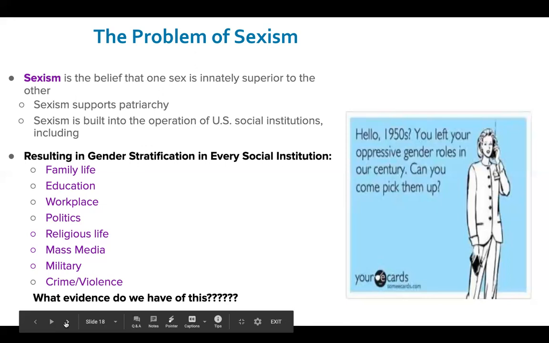And it's probably that kind of persistent ideology, those persistent beliefs that some people have, that men and women are innately different, and for some people that men and women are innately different and men are superior, that leads to the gender stratification that we can see in almost every social institution in the United States. Family life, education, workplace, politics, religious life, mass media, military, crime and violence. You can pretty much see some evidence of gender inequality in all of those.